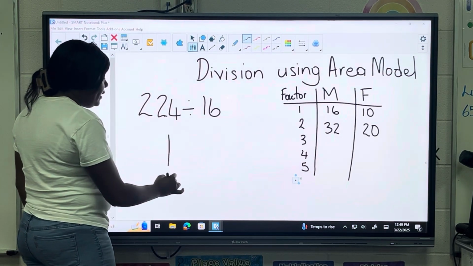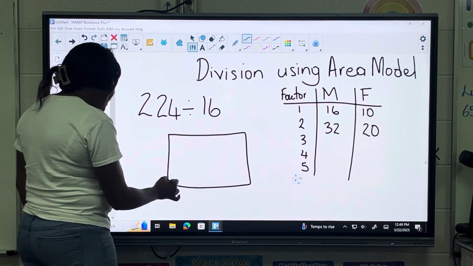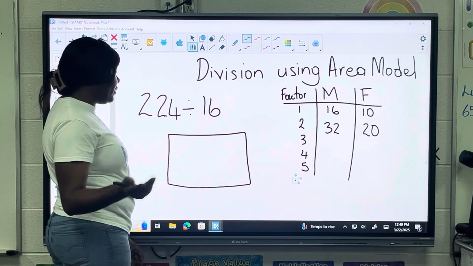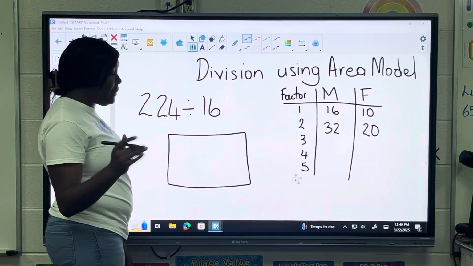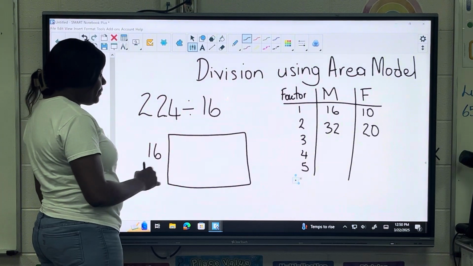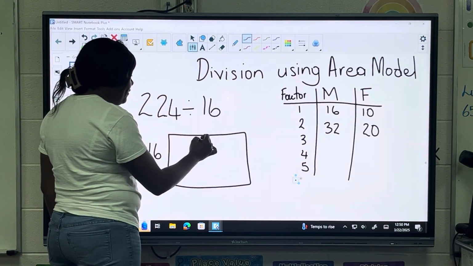So remember, division is the opposite of multiplication. For multiplication, I normally expand my number. For division, I don't expand my number. I keep my 16 as my divisor. Then I put my dividend inside of the area model.